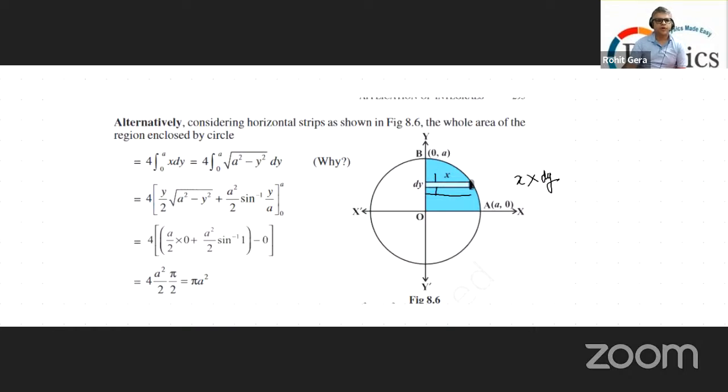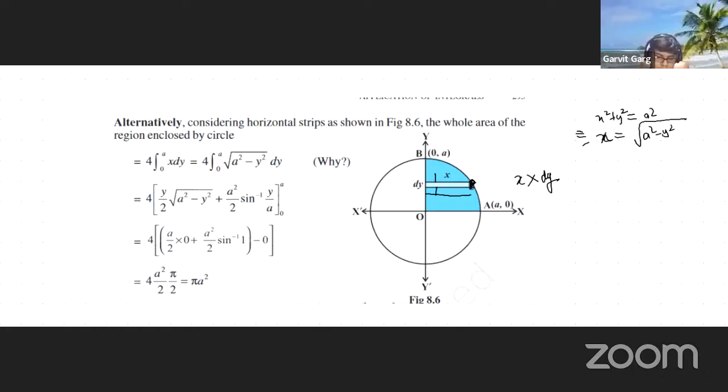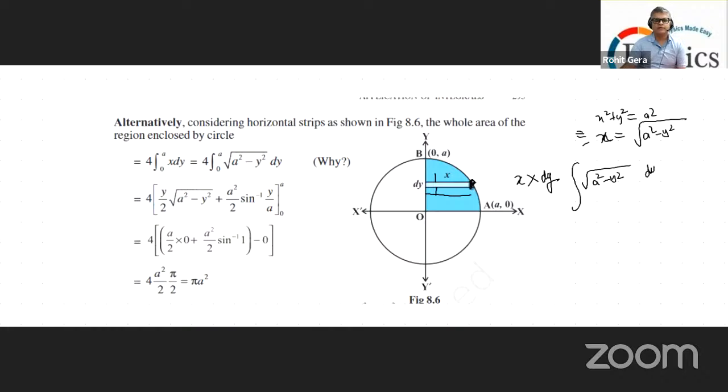Right? So any point x on the rectangle can be written, from x square plus y square is equal to a square, as x is equal to the square root of a square minus y square. So this is the square root of a square minus y square into dy. Same.